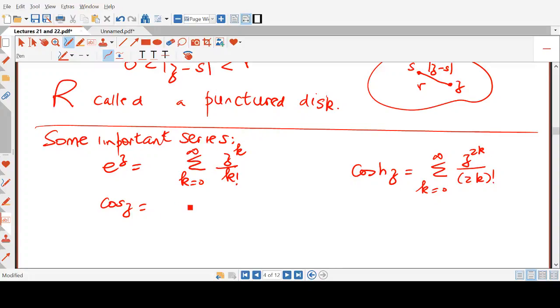Cosh is about the same thing, except there's a minus 1 to the k here. In other words, here the signs alternate, plus, minus, plus, minus, whereas there the sign is plus all the time.